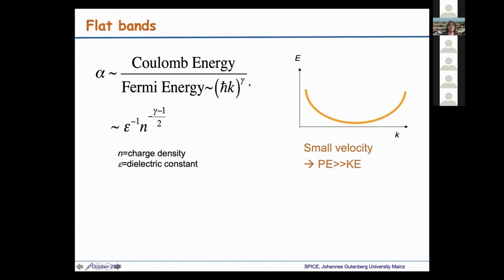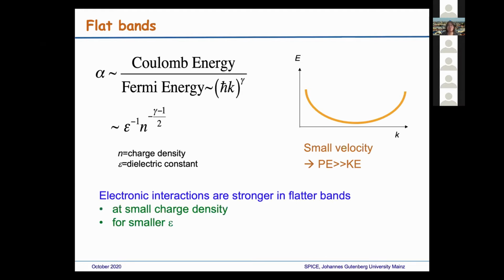If you have a larger gamma, the band is flatter, and then you have a larger interaction strength. Usually this interaction strength goes lower at smaller density, so in most cases we want to get to as low density as we can.